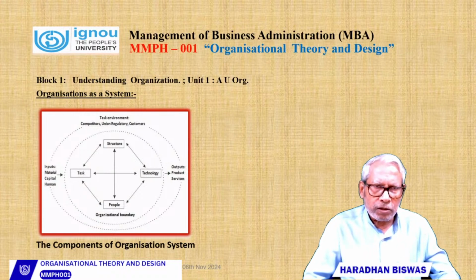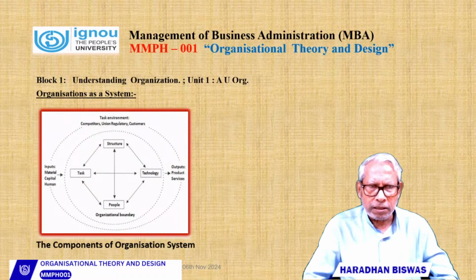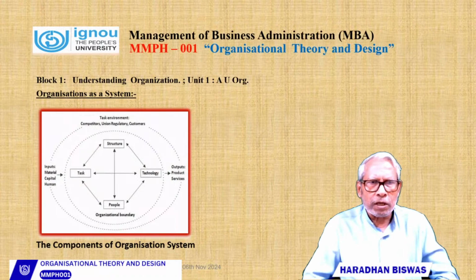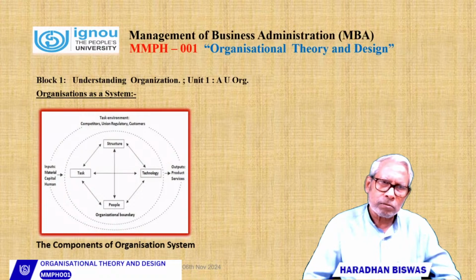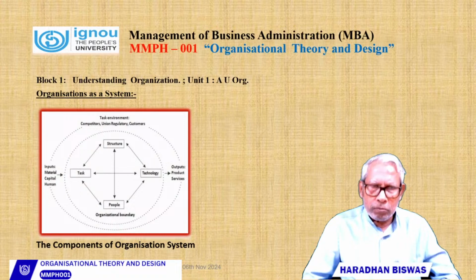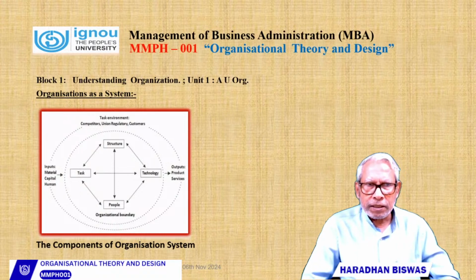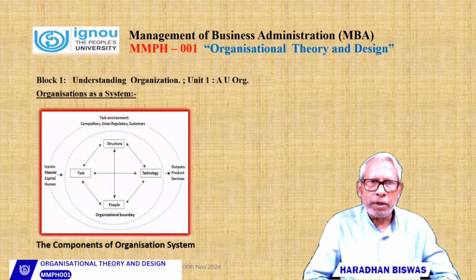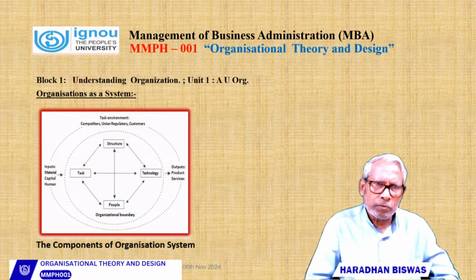On the outer side, you see there are two layers. One is the outer layer, and another is the inner layer. So it is feeding the tasks, and finally it will be integrated, and you see how they are functioning. Then see the competitors are there in the task environment. Now you see the task environment, there are some competitors.